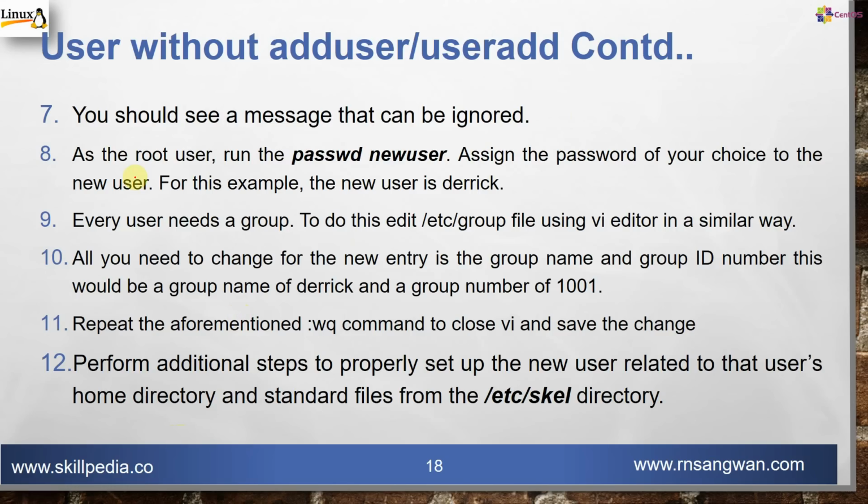Then I edited as a root user. Run the command passwd. So this is how you can set the password of the user. I changed the password of the user, and then every user needs a group. So I edited the /etc/group file also with the editor in a similar way, saved the changes with :wq, and then I copied the files from the /etc/skel directory as well.